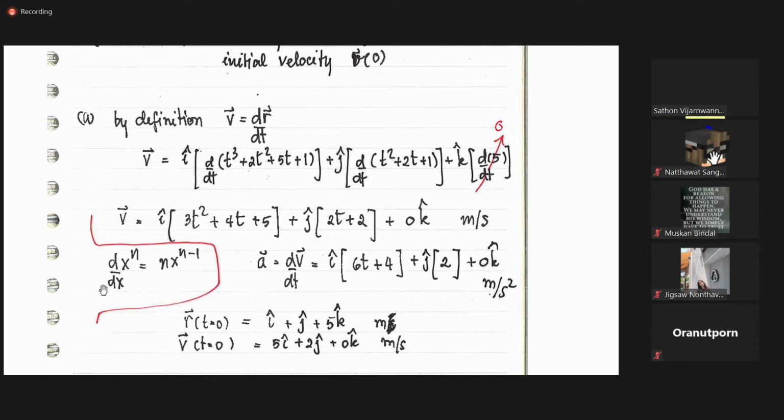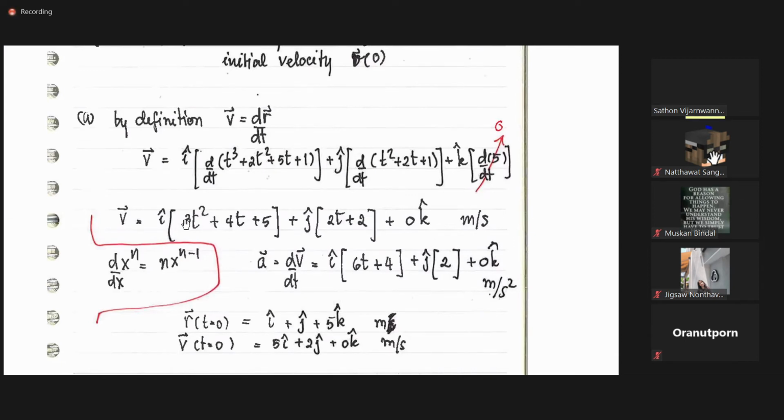So this is the formula that we use most frequently in calculus: d by dx of x to the power of n is n x to the power of n minus 1. Take another derivative, and you get the acceleration equal to dv by dt.